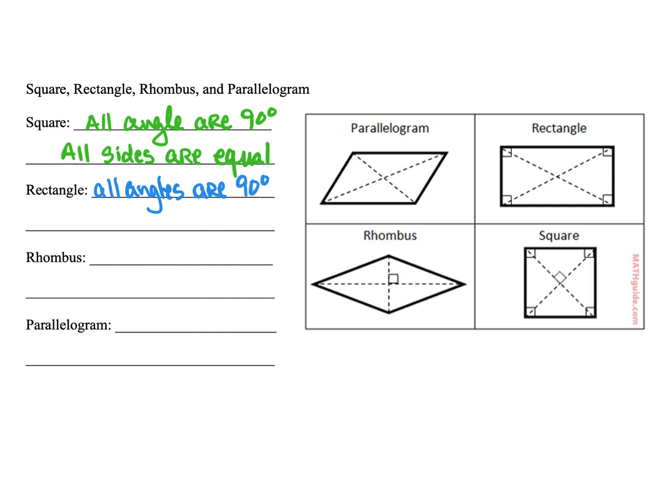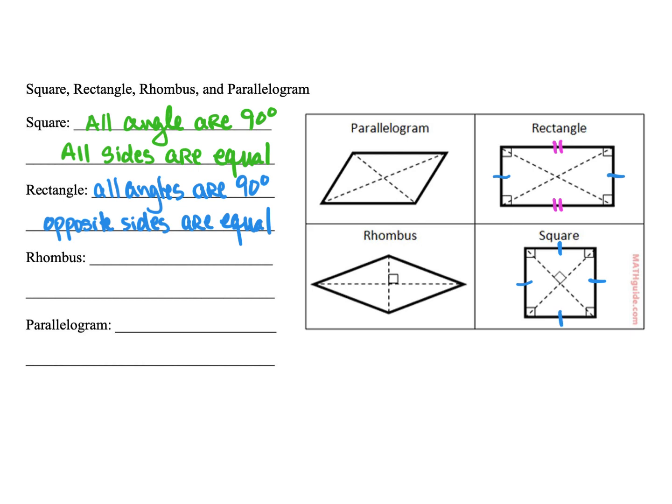And with a rectangle, opposite sides are equal. So with our square, these two sides will be congruent, and these two sides are going to be congruent. With our square, all four sides are the same.